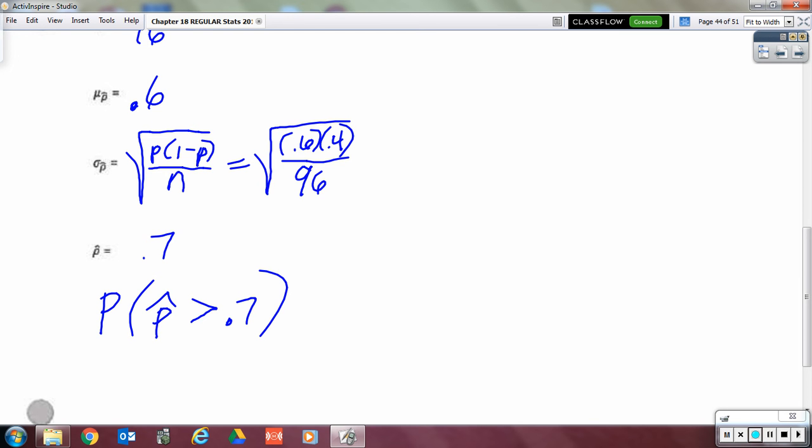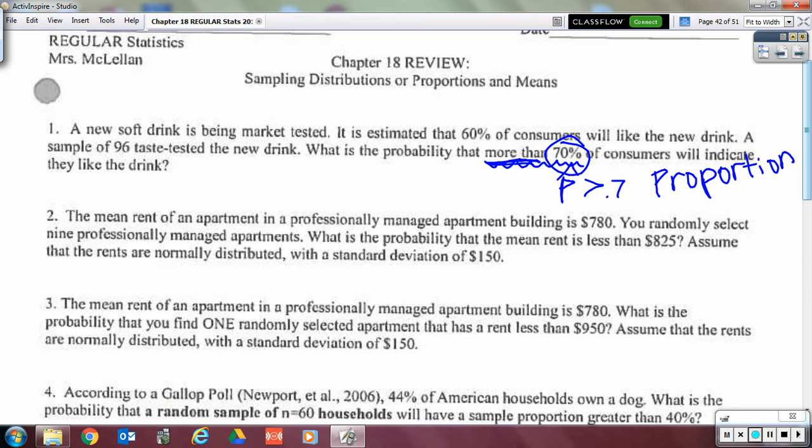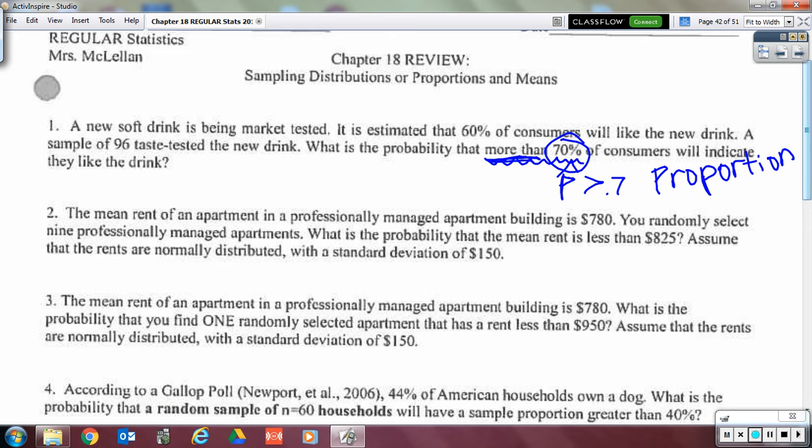Now, let's just do one quick problem, number 2. Let me start you on that. Everybody look at problem number 2 before you finish problem number 1. Problem number 2. The average rent of an apartment in a professionally managed apartment building is $780. You randomly select 9 professionally managed apartments.